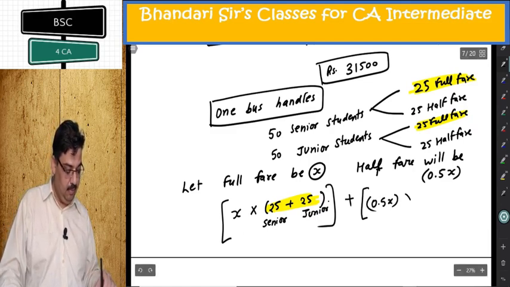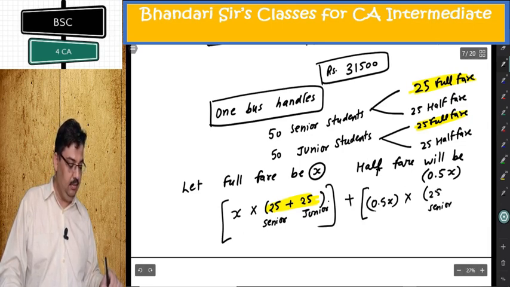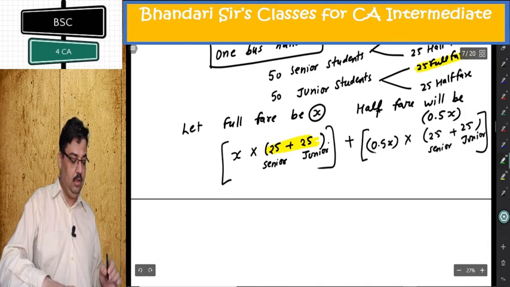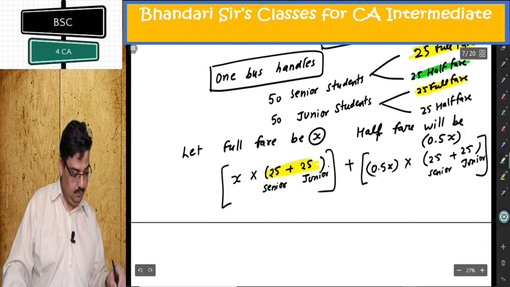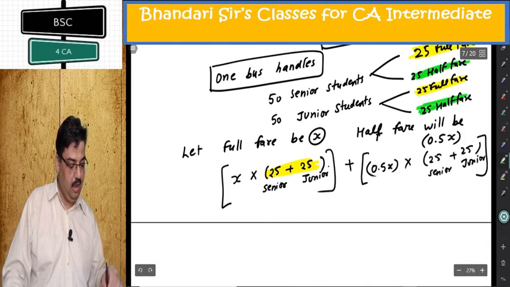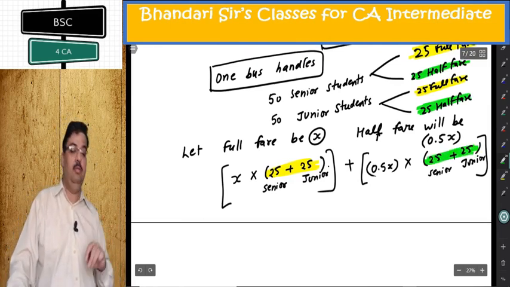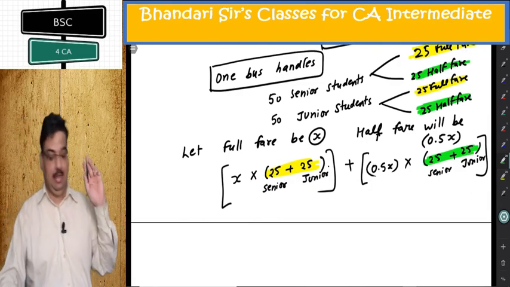0.5x multiplied by 25 senior plus 25 junior. This I am showing by green color. Half fare students. Half fare are 50. These 50 are being paid 0.50x.